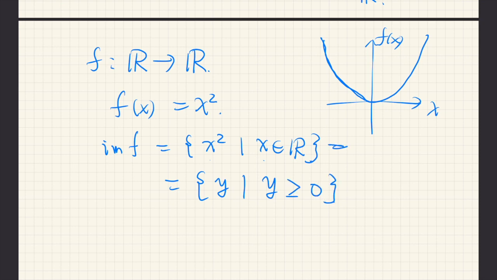So this set and this set mean the same thing. In this case, the image of f is the set of all non-negative real numbers. Of course, this is a subset of real numbers. It's a proper subset.